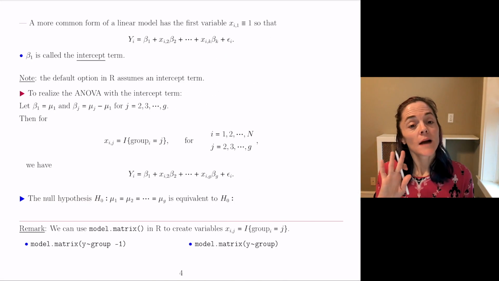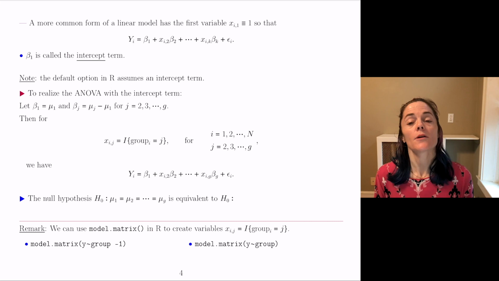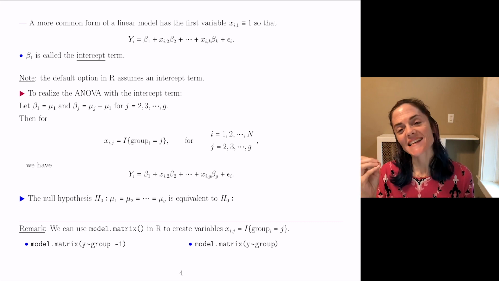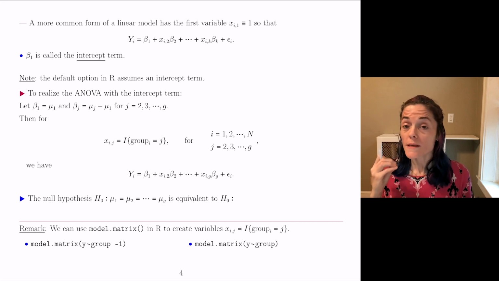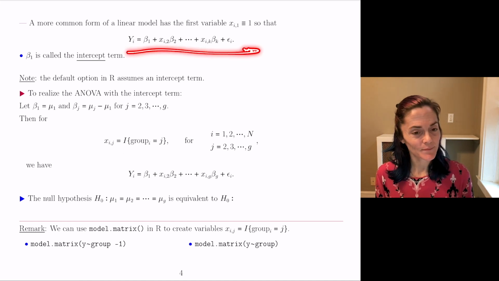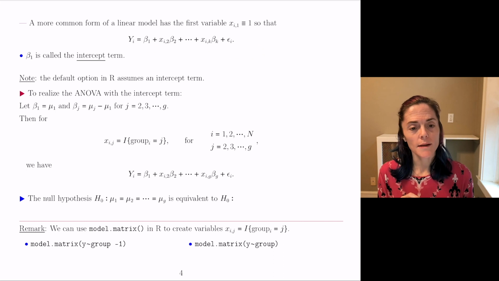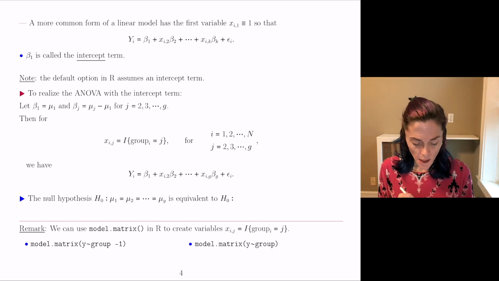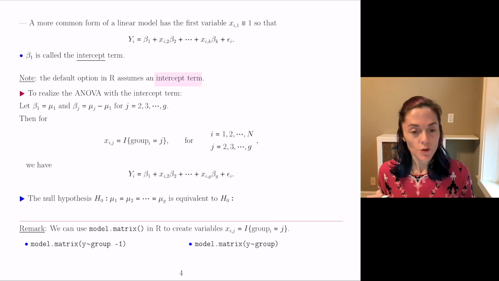However, a more common form of a linear model has first variable xi1 always 1, so that yi is written like this. Here, beta 1 is called the intercept term. As a note, the default option in R assumes an intercept term.